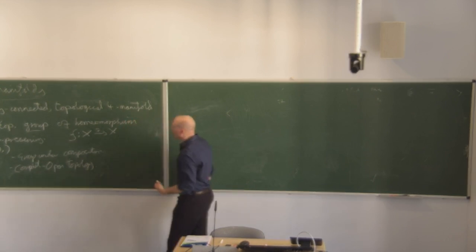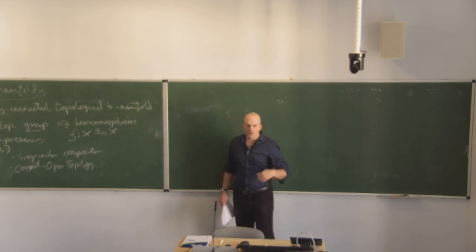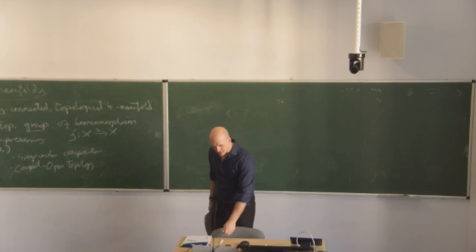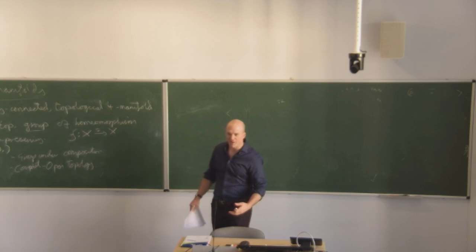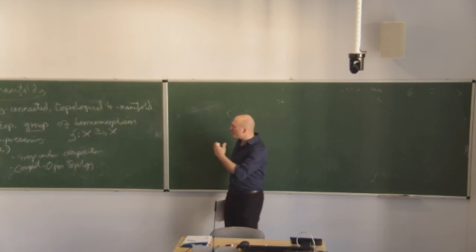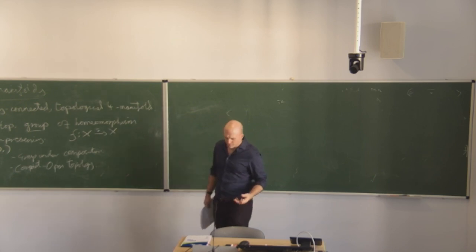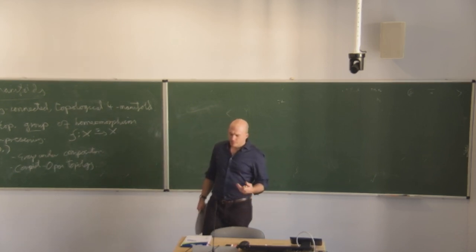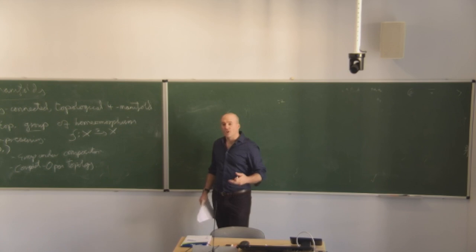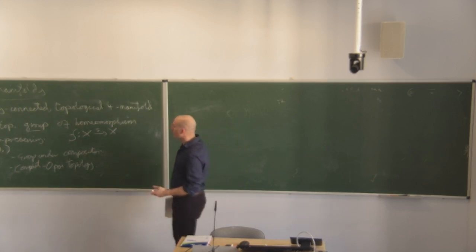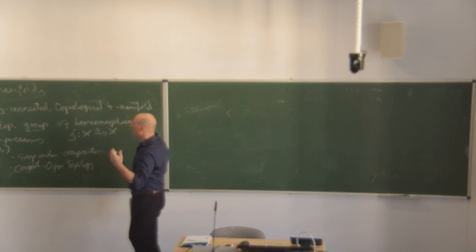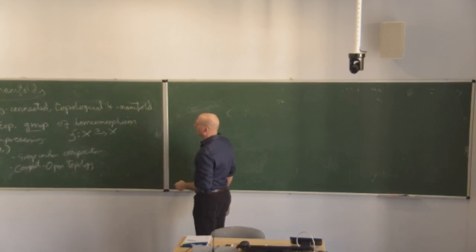One of the key goals of at least a certain type of person who likes to study manifolds would be to understand this group, or more accurately, its homotopy type. What are its homotopy groups? What are its homology groups?